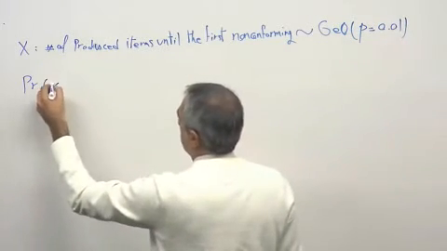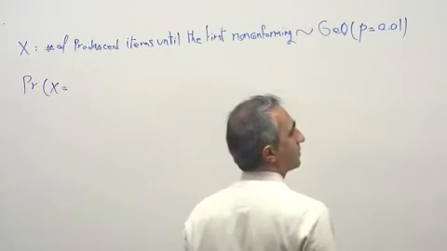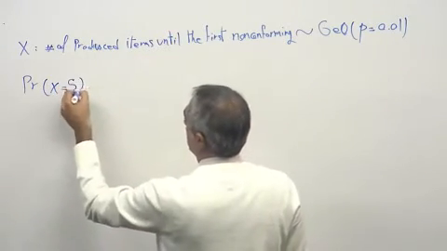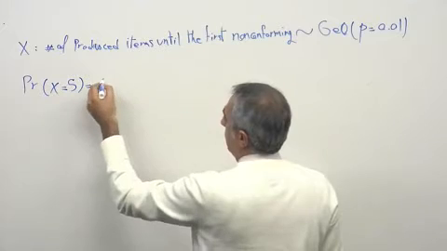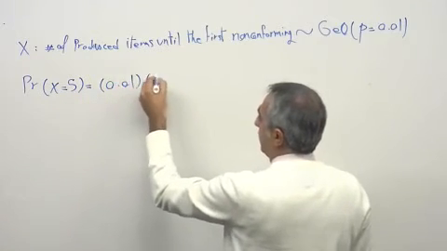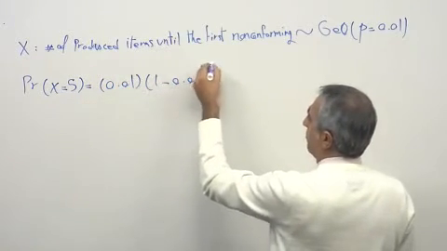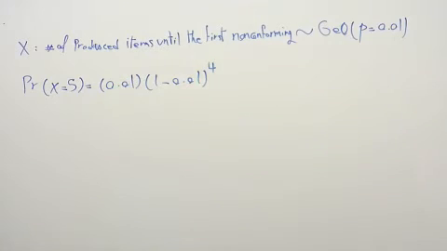So your probability of X equal to 5 is 0.01 times (1 minus 0.01) to the power of 4. That's simple.